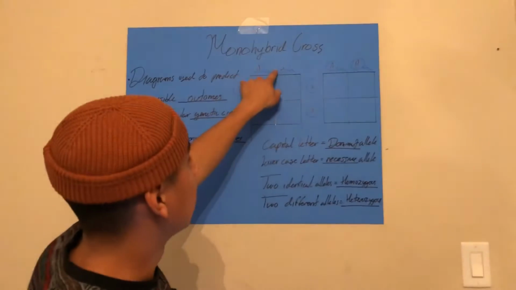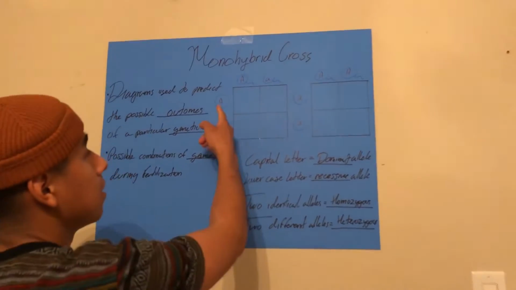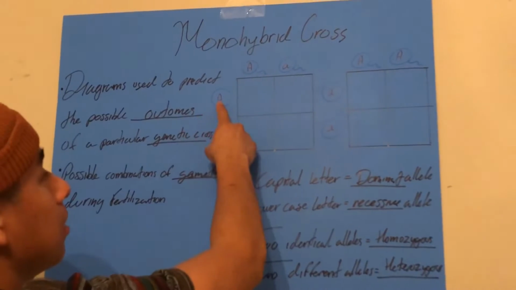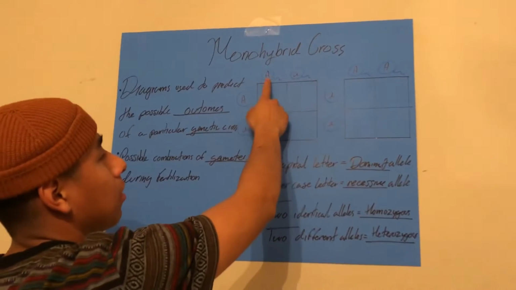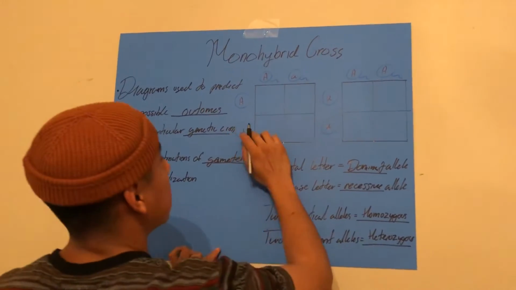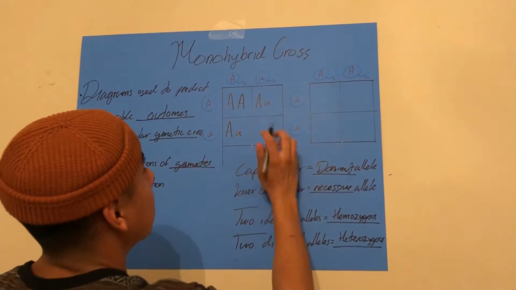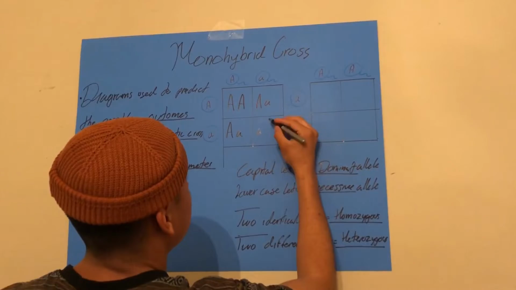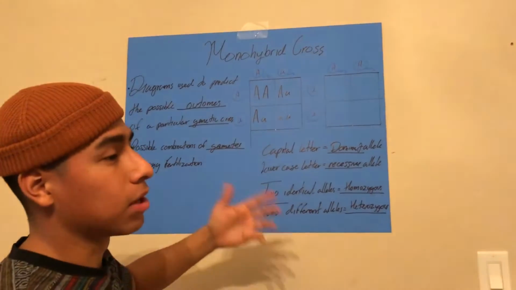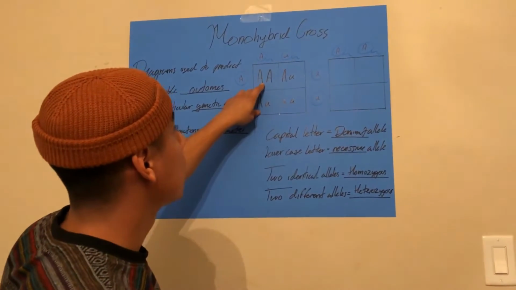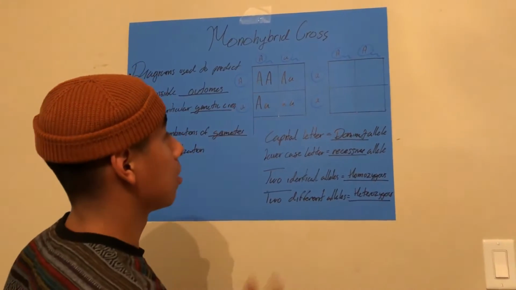The mother is heterozygous, meaning she has two different alleles, one dominant allele and one recessive. The father is the same, with one dominant allele and one recessive. In this case, the offspring will have two recessive alleles, one from the mother and one from the father, since there's a chance of 1 out of 4 of the offspring having a dominant allele for being tall.